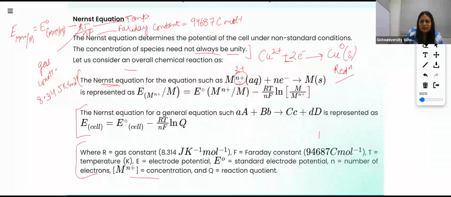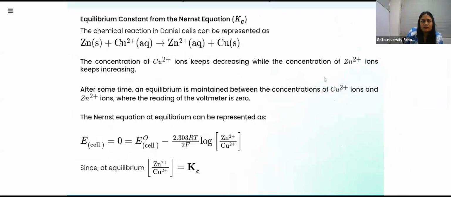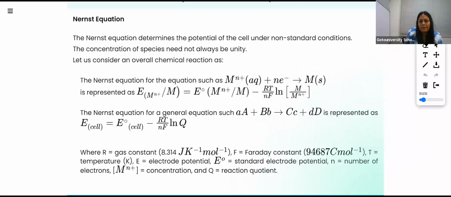So here an example is given for the Nernst equation. See, this is a general equation, and by using this formula we represent the Nernst equation. Or we can take another example. Let us take the same reaction that we did in the previous electrochemical cell for copper and zinc.